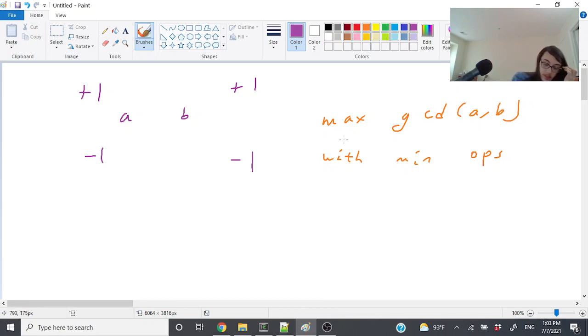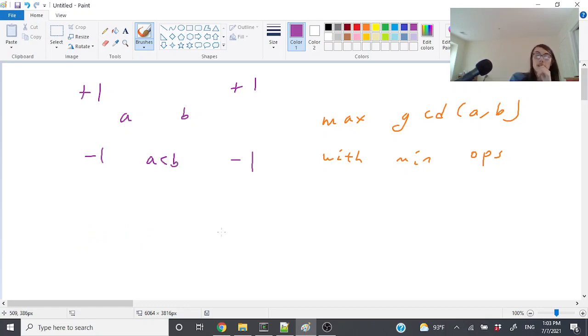Now the basic idea is, we're basically considering the difference between A and B. So take the absolute value of A minus B. Suppose we brought it down to 0. Suppose without loss of generality, A is less than B. If not, you can swap them.